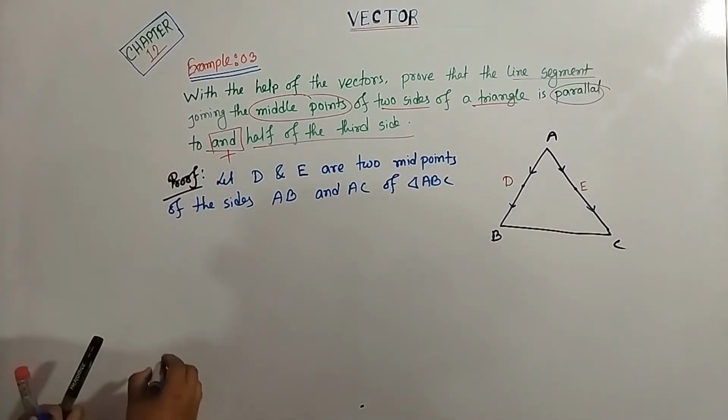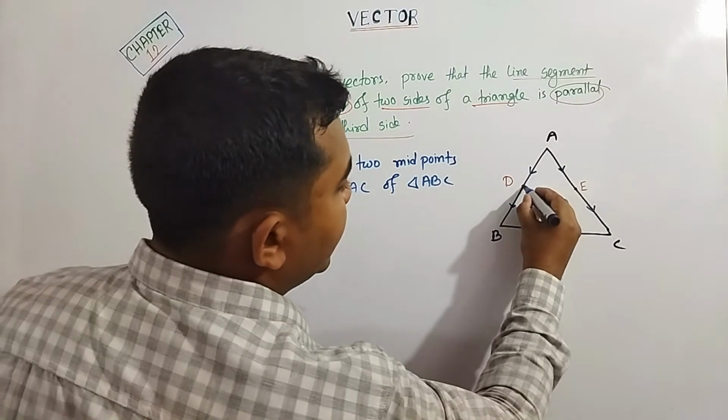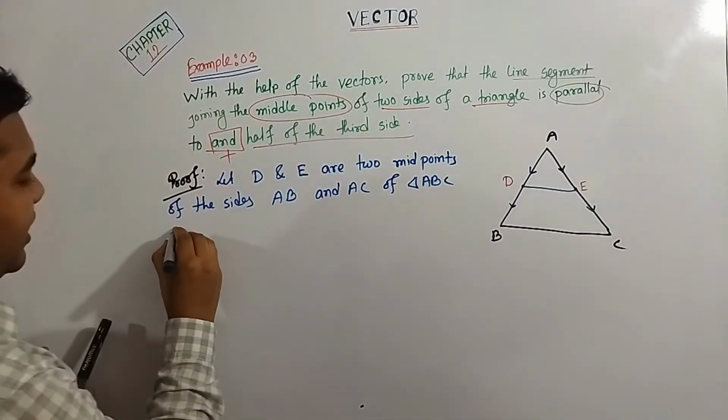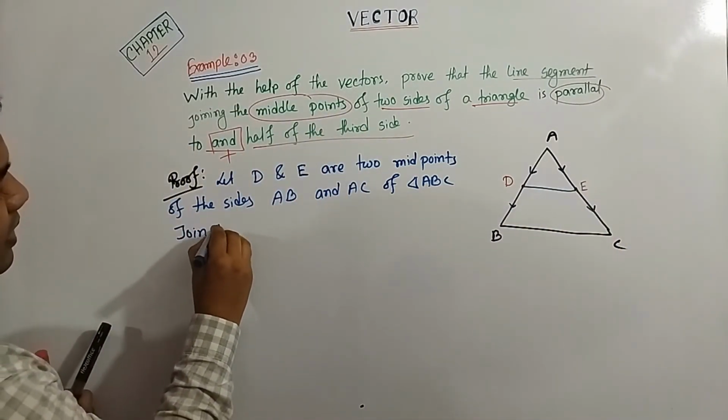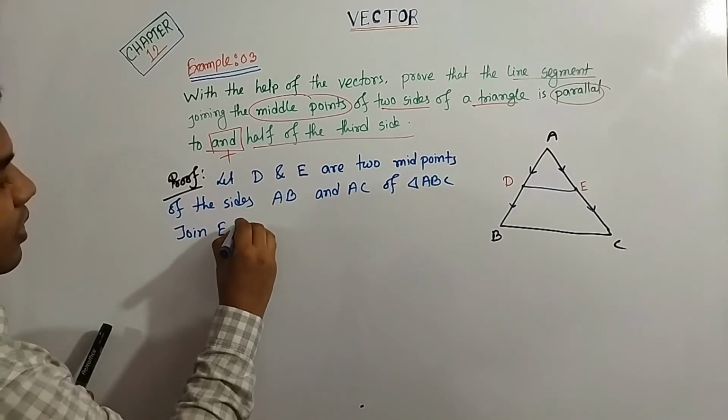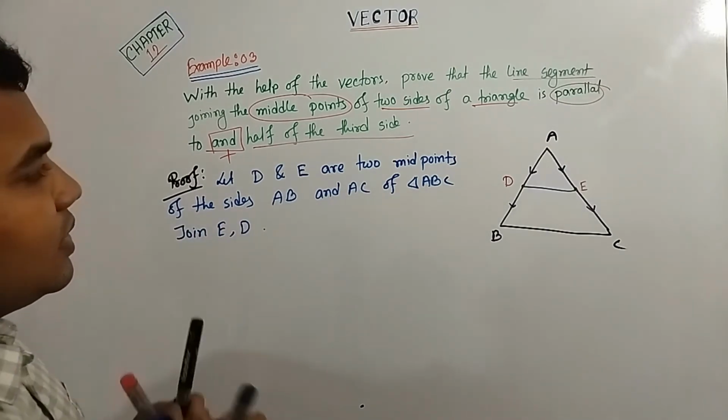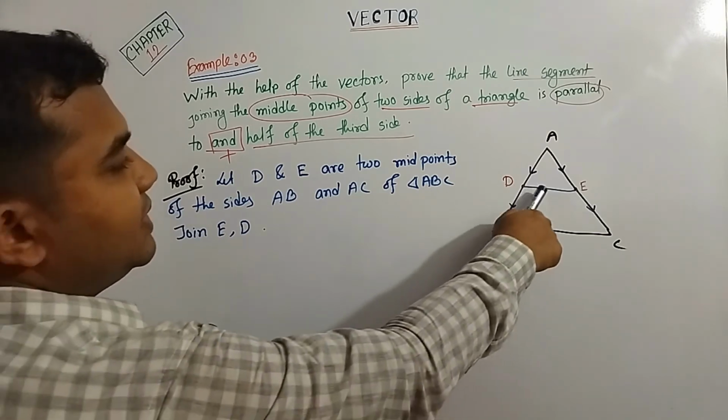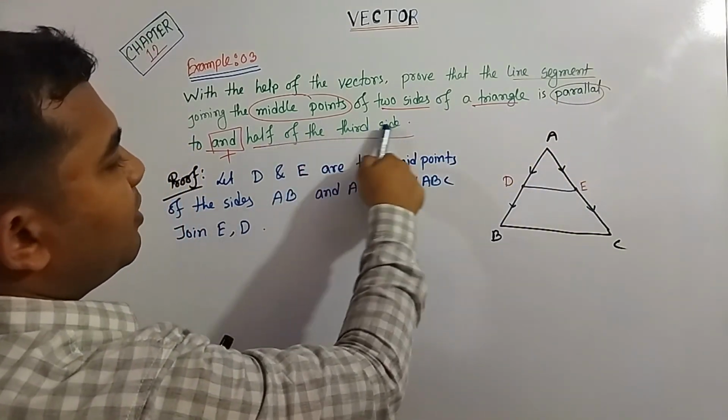So here, joining the two points, join ED. What do we need to prove? The line joining the midpoints is parallel to the third side and half of the third side.